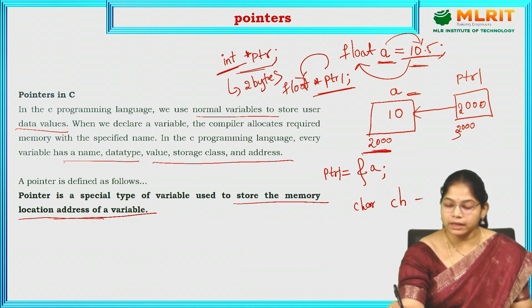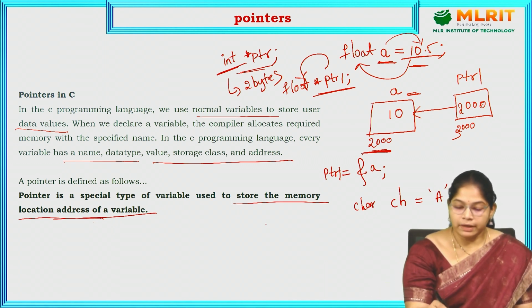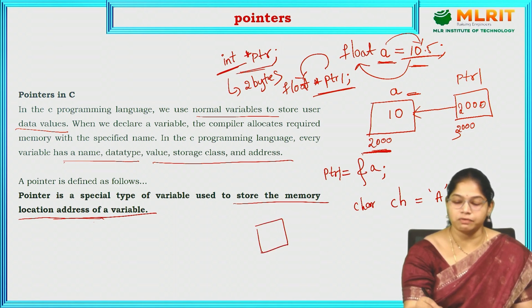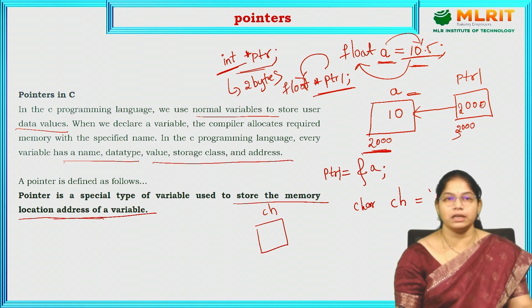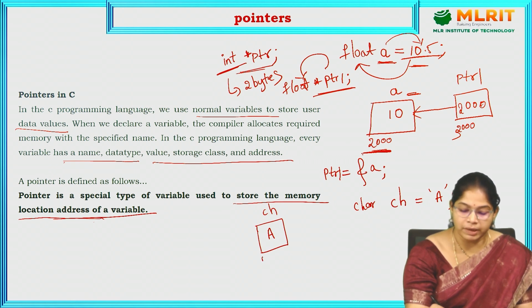That means it can store character values. So A. What happens in the memory? Some space is allocated, where a character is 1 byte. So 1 byte of space is allocated to the variable ch, which is storing the value A. Let us suppose the base address of this is 5000.